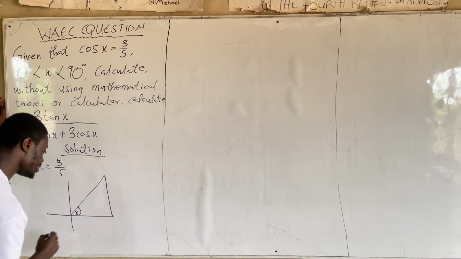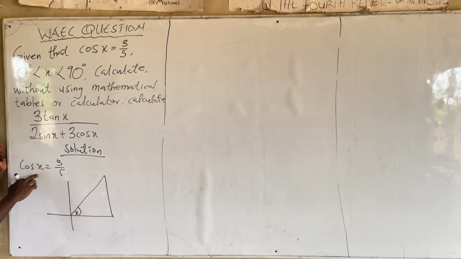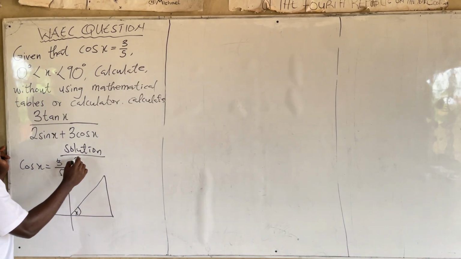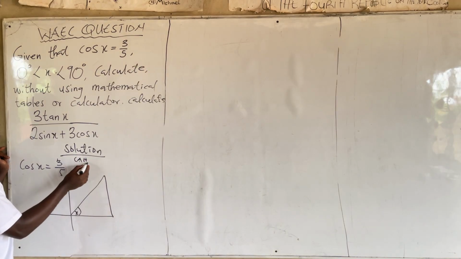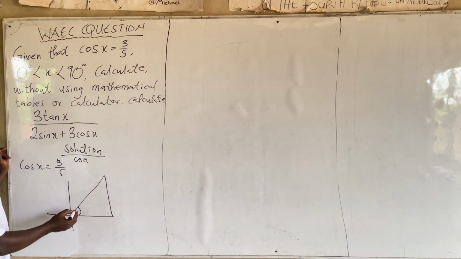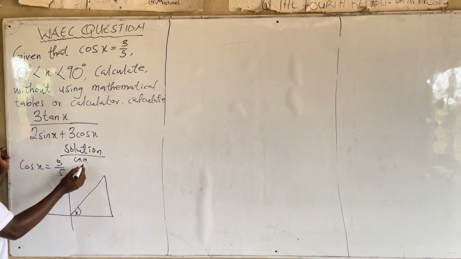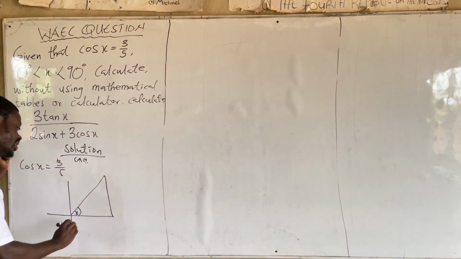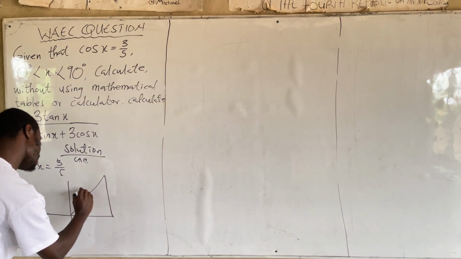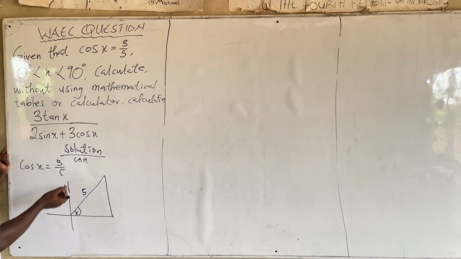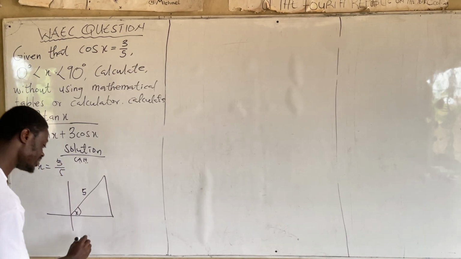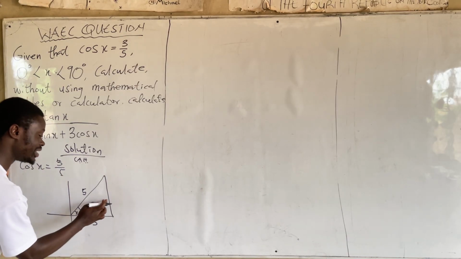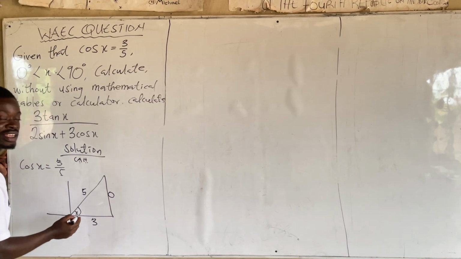Here is x, and the question said cos x. Cos means adjacent over hypotenuse. The hypotenuse is the longest side, so the hypotenuse is 5. So here is 5, and then the adjacent is 3. So here is 3. Where the angle is facing is the opposite. So here is O.